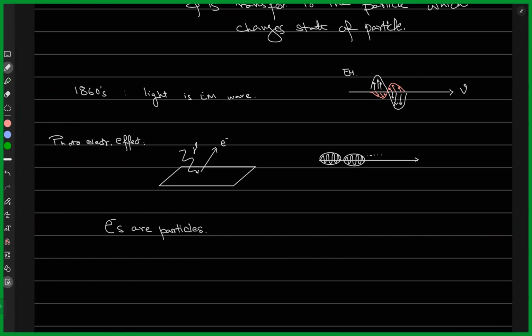But this is how it really was. It took a lot of time for scientists to accept that light could behave like a particle, but a lot of experiments were done. There was one experiment done by the scientist called Compton, and he really confirmed, proved the fact that light really is a particle.